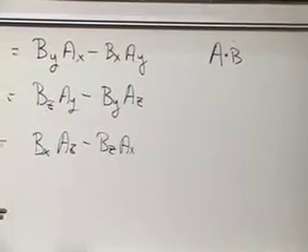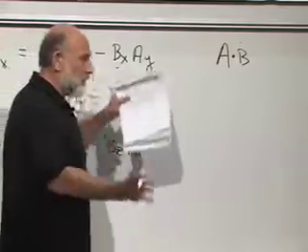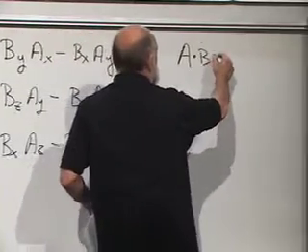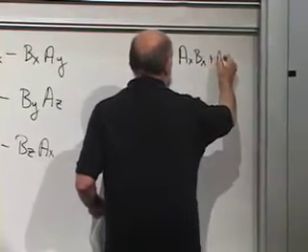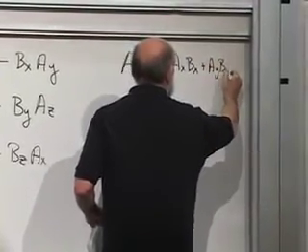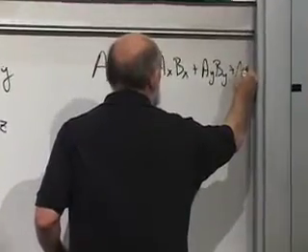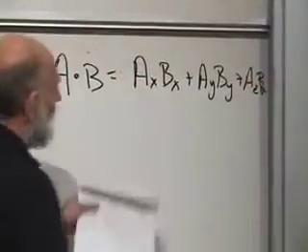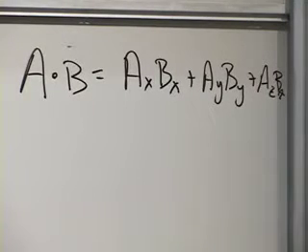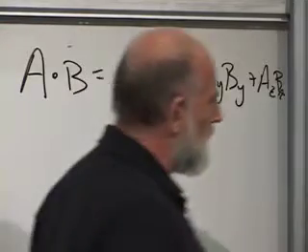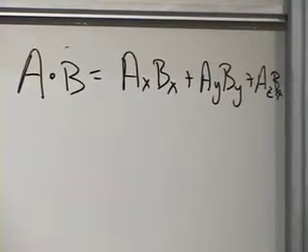It's the same in every reference frame, or the same when you rotate the reference frame, and its definition is AX BX plus AY BY plus AZ BZ. Can that be read? I hope that can be read. That's the dot product, and it's a scalar. That's one set of concepts that we've been through several times.